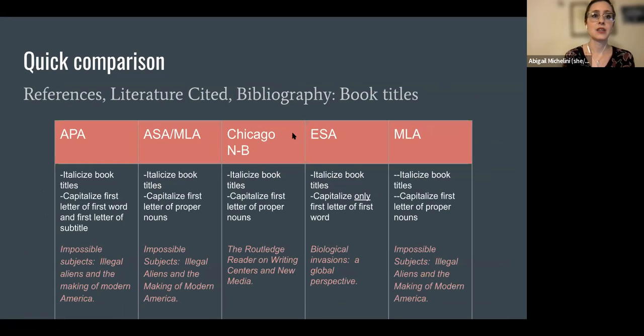All right. Quick comparison for the different ways that you would cite a book title. So whether you italicize the book title and whether you capitalize all the letters, or just the letters of the first word. What if I am citing a book that I bought on Amazon, and I have a digital copy of it, and the book itself capitalizes every word in the title?